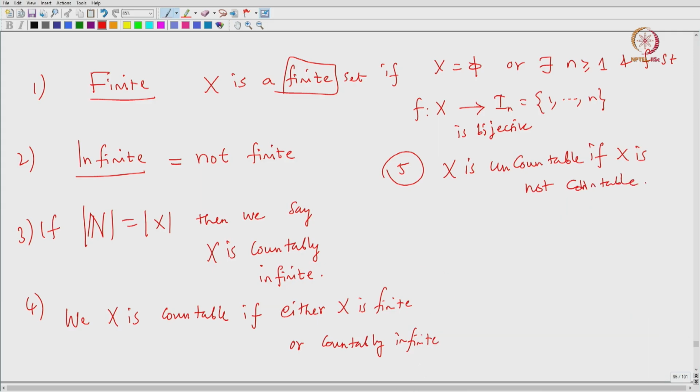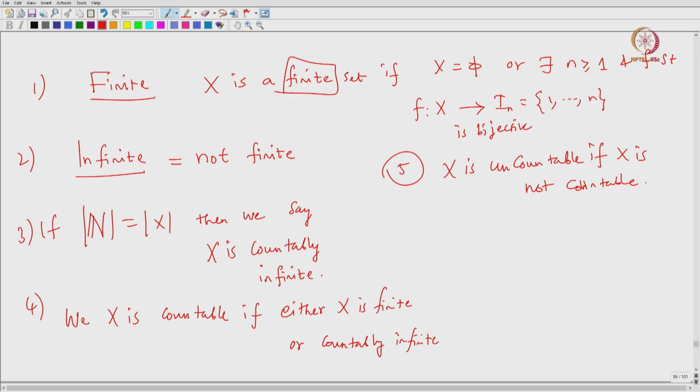So, various notions are coined here. You have finite, and the negation of finite is not finite, and you have countable, and the negation of this is uncountable, and within countable you have finite and countably infinite.